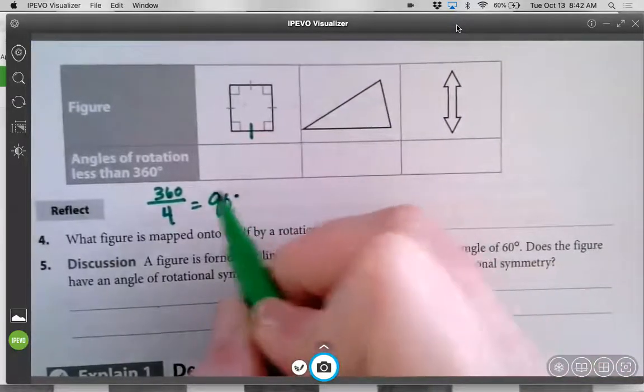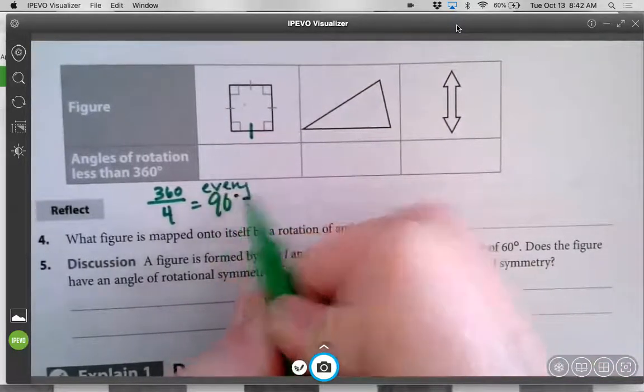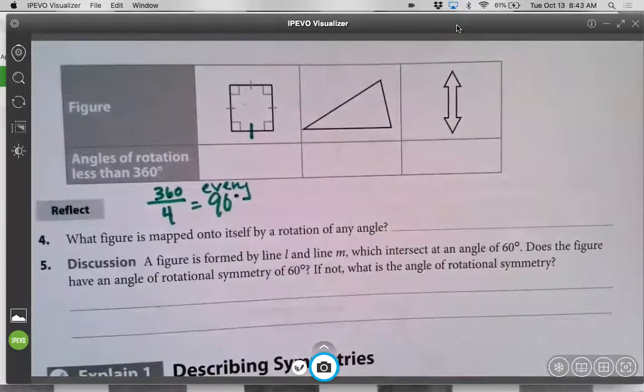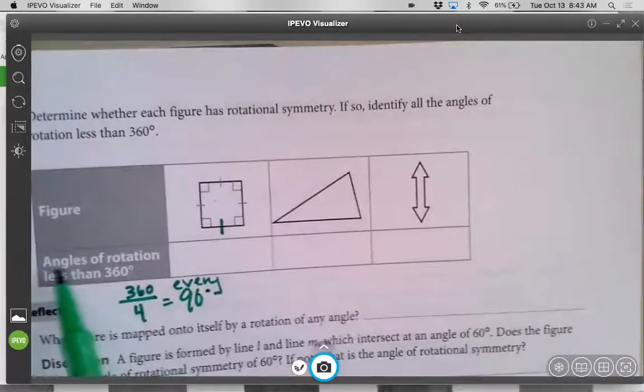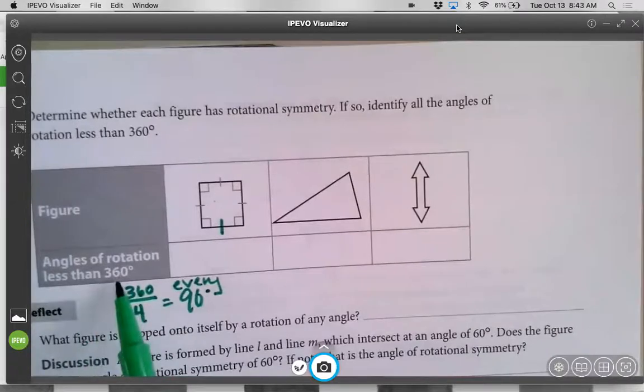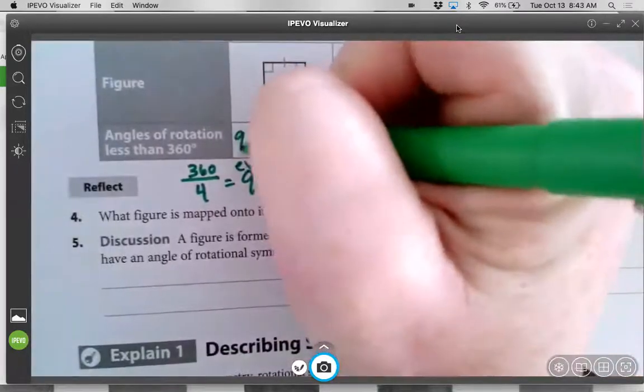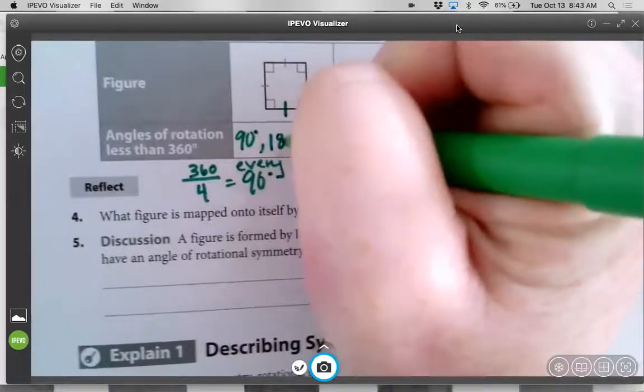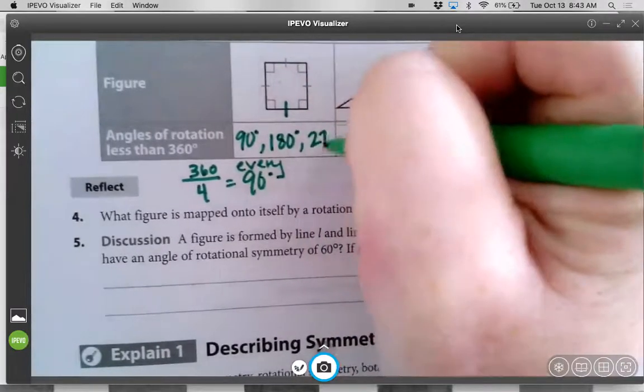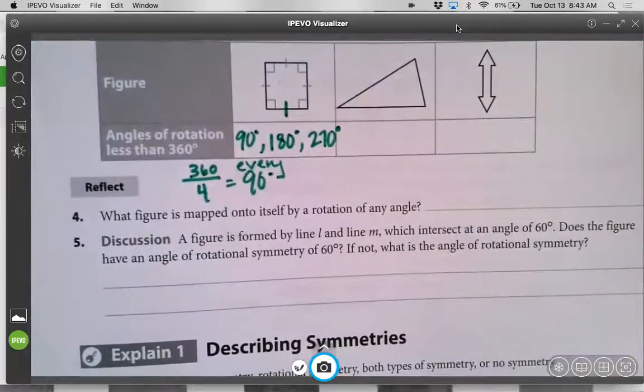So we're looking for every 90 degrees. Our instructions tell us to list the angles of rotation less than 360. So you would have 90, 180, and 270. But again, as I've already mentioned, you can have numbers bigger than 360 also. It just means that you have spun it around more than a full circle.